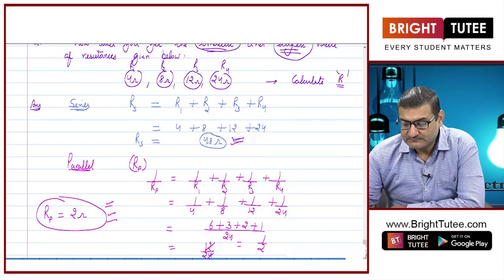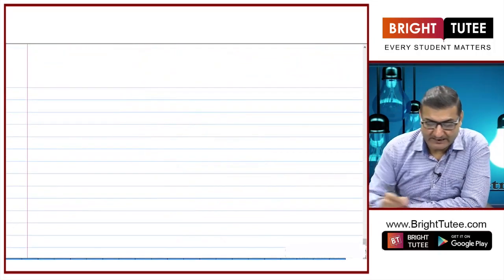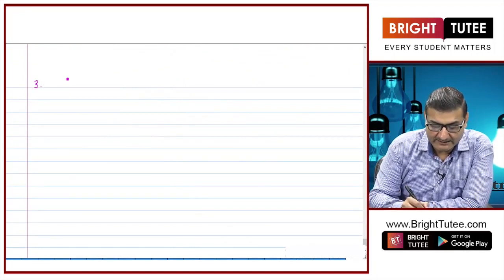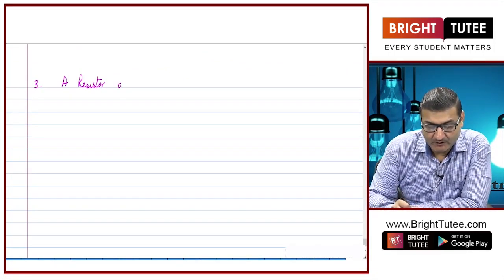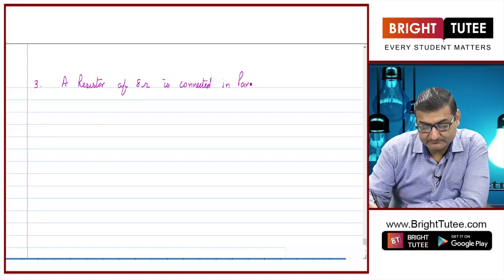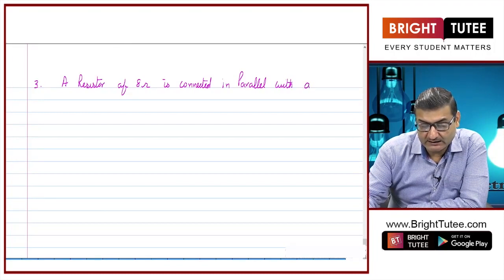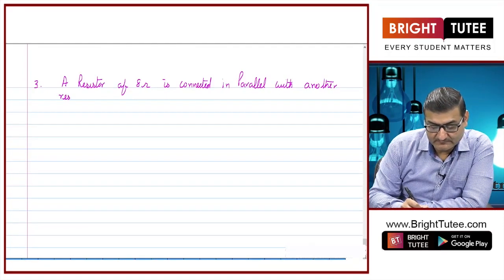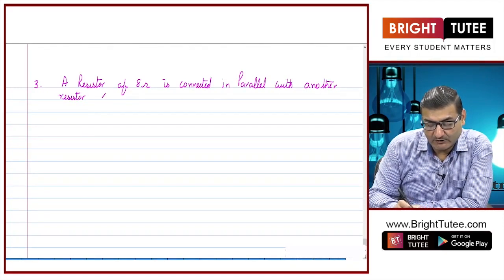Got it? Now, the next type of question that may be given to us is, we are given a resistor or a resistance, one of the same thing, of 8 ohms connected in parallel with another resistor, and I am not given the value of this resistor.